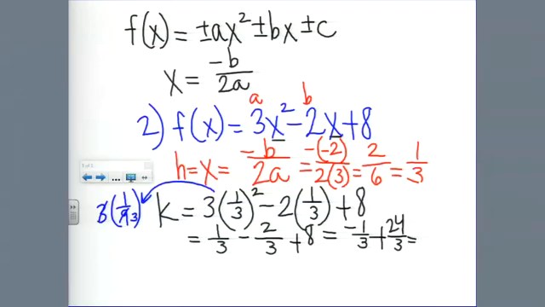I did that so it will make it easier to combine the number with the fraction. So k is 23/3. And our vertex as an ordered pair is 1/3 and 23/3.